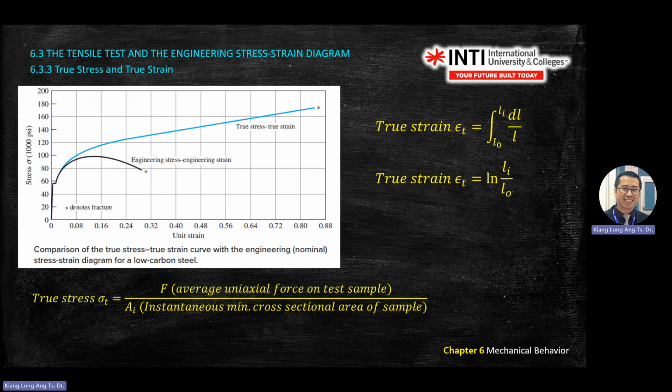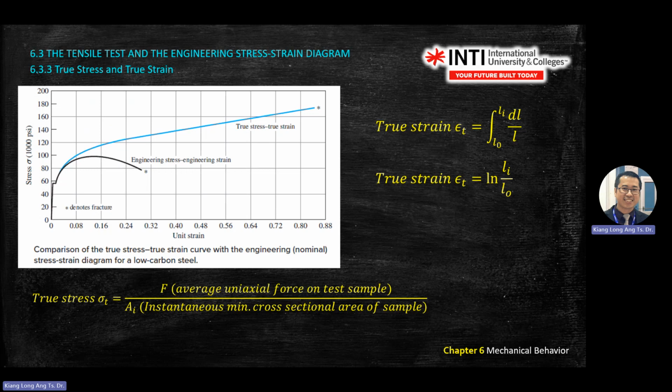Okay, this is the integration operation. If you integrate from Lo to Li of 1 over L dL, this becomes ln L between Li and Lo. So you substitute inside there.